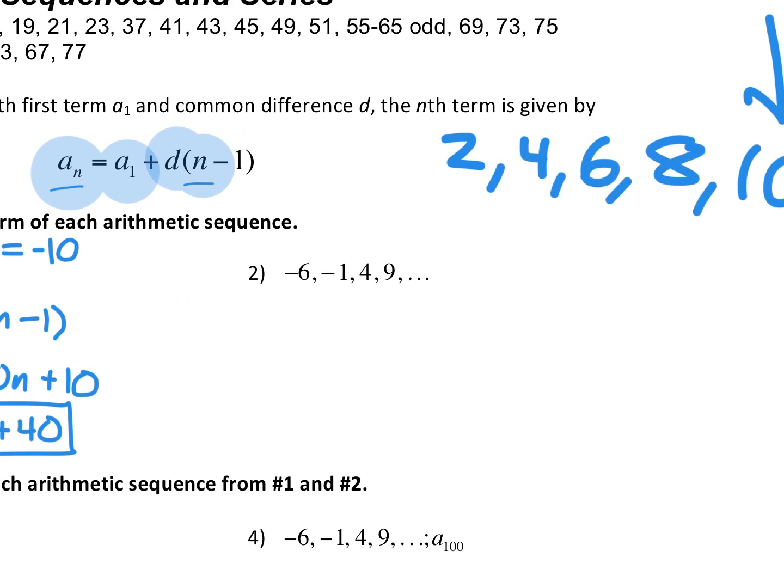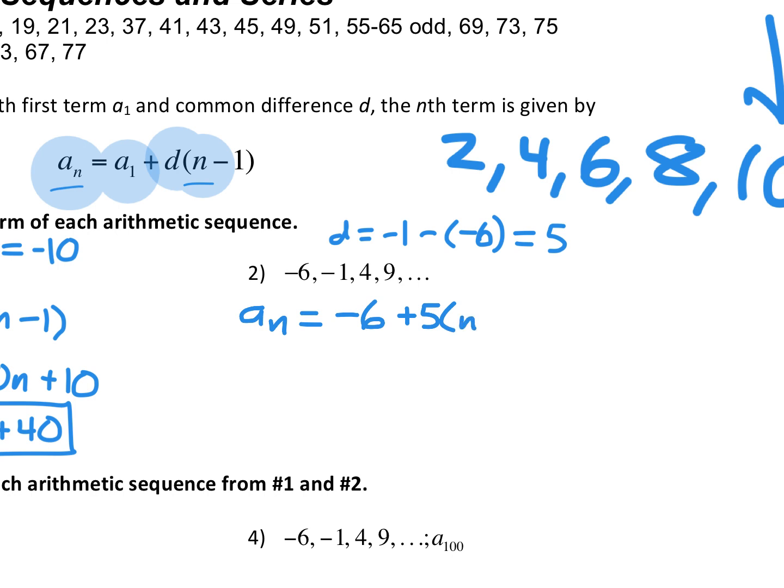All right, number 2 is pretty similar. So we write an equals, the first item I see in the list is -6. Let's figure out D. So you take the second number and subtract the first number. -1 plus 6 is +5. And as you can see, the numbers are increasing by 5. So D is +5.